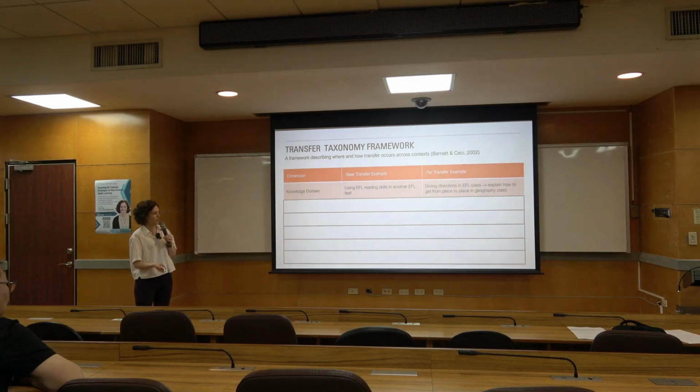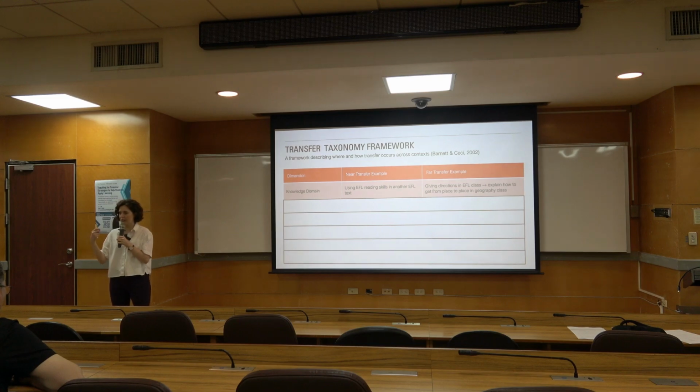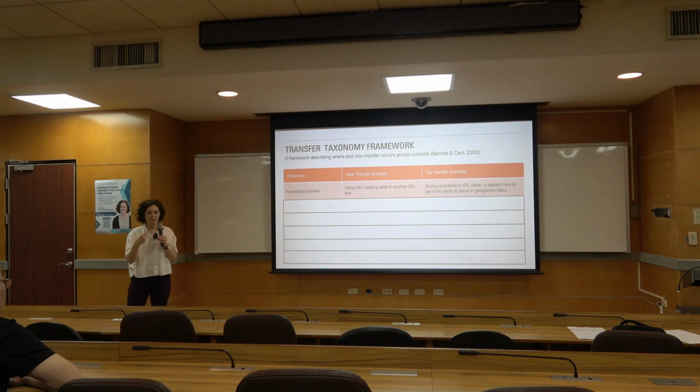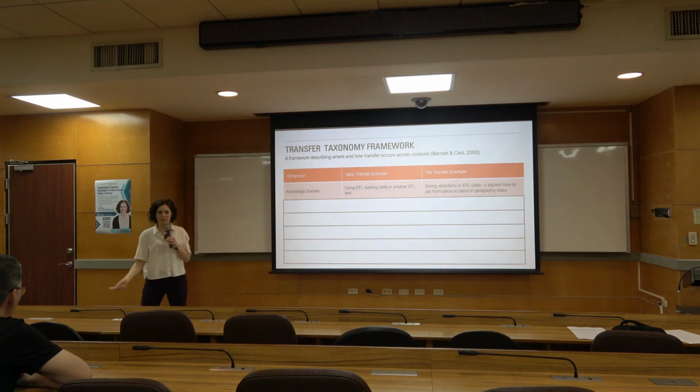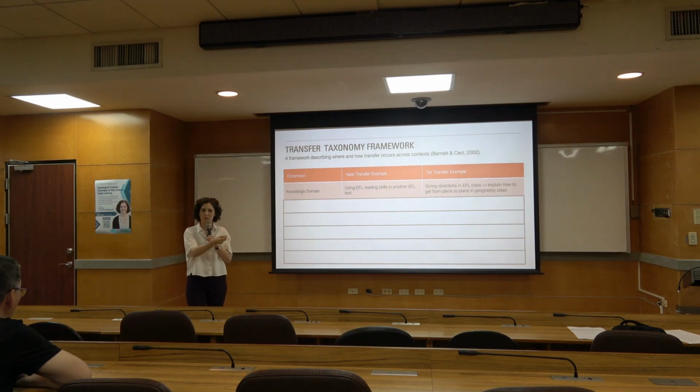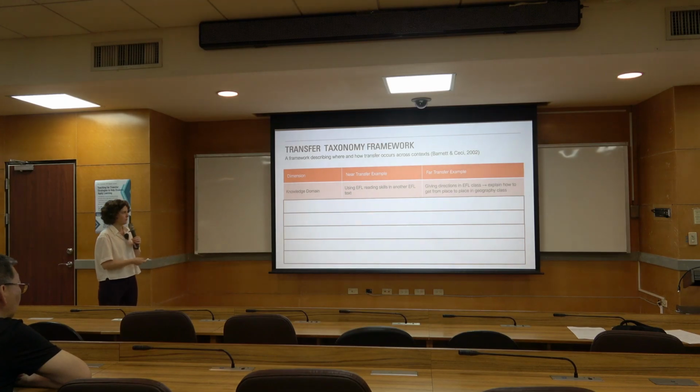Far transfer could be giving directions in an EFL class and then explaining how to get from place to place in geography class. So they're taking knowledge that they learned in their English class on giving directions, and then they go to geography class and realize, I can do this here too. So that's an example of knowledge.